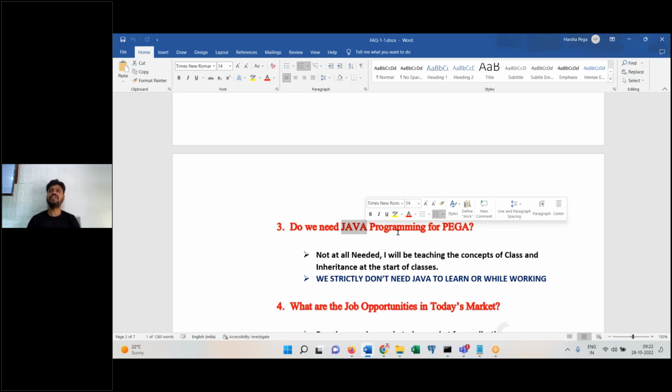You go to job descriptions also, they are writing that. See, the HR manager who writes the job description doesn't know anything about technology. They will write everything. Don't bother about it. When you are working on Pega, there is no need to write even a single line of Java code. Even if you are a Java expert and you want to write it, it will not be acceptable to the client.